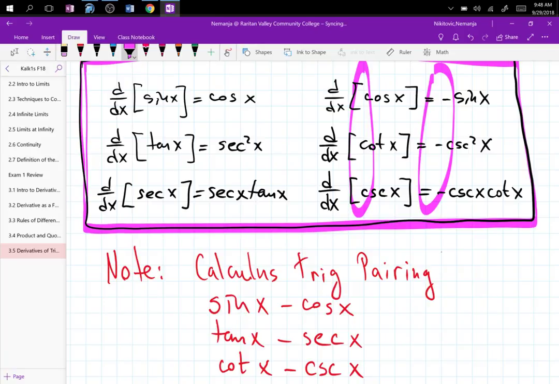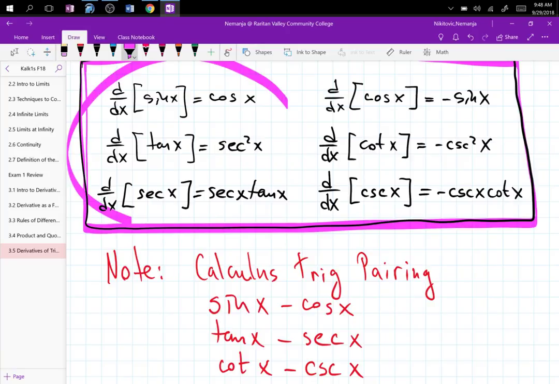So cosine, cotangent, cosecant, they're all negative. So technically it's enough to memorize this. The other side you can reconstruct because they have the same form and they're all negative. So by memorizing 3, you should know all 6.